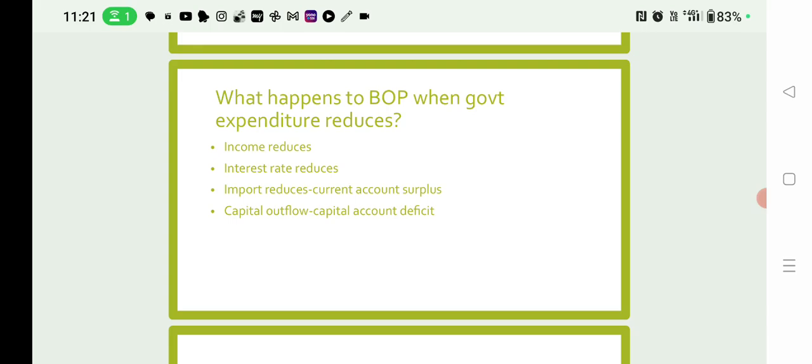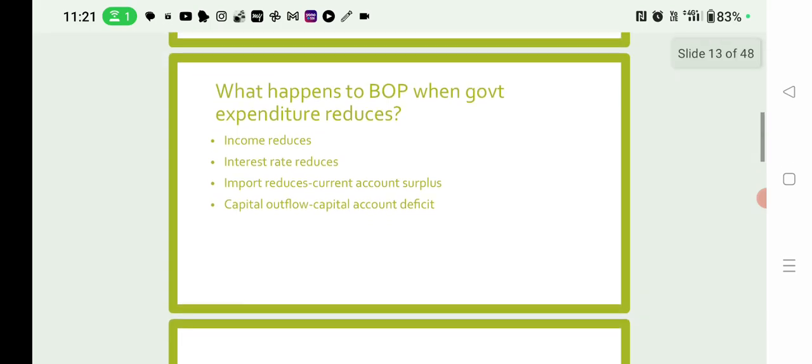So the rate of interest reduces and income is also reducing. When income is reducing, imports will be reduced. That means the current account deficit will come down, or a current account surplus will emerge.